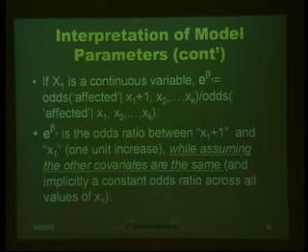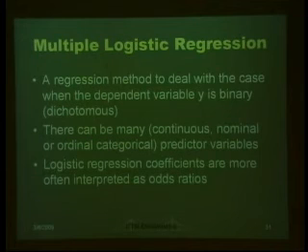That's the same as the age situation we talked about before, and we still need this piece of language here: while assuming the other covariates are the same. And certainly it implicitly assumes a constant odds ratio across all values of x1. If that's not the case, we categorize x1. But this gives you the interpretation, how to interpret that.